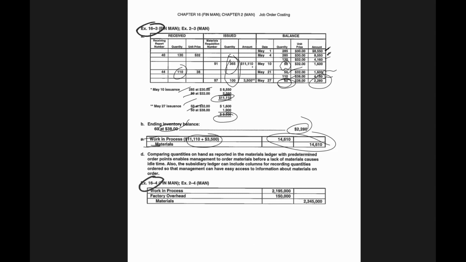So if you look at this journal entry, it is the sum of all of those 5 amounts, 2,345,000. Of all of those, they're all direct, except for the indirect one of 150. So if it's indirect, that goes to our overhead account. The rest of it goes to WIP.